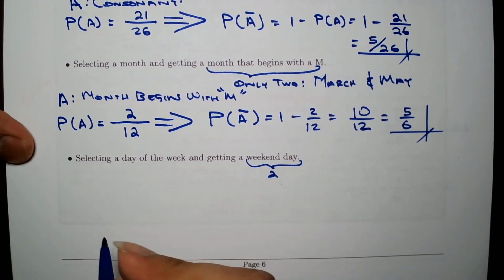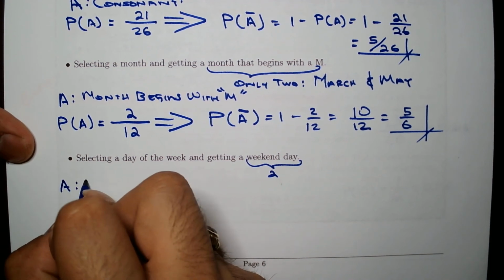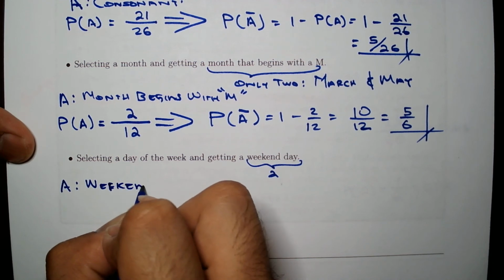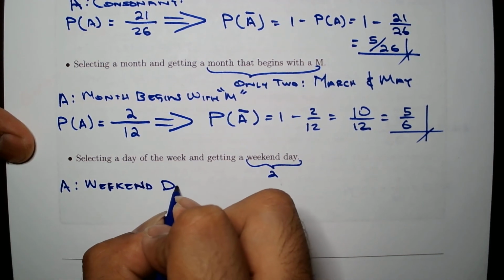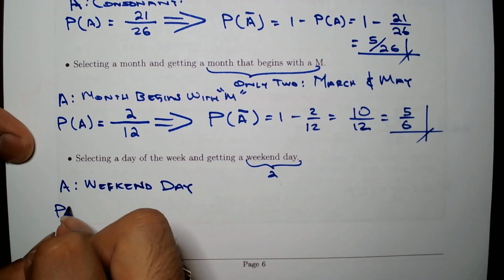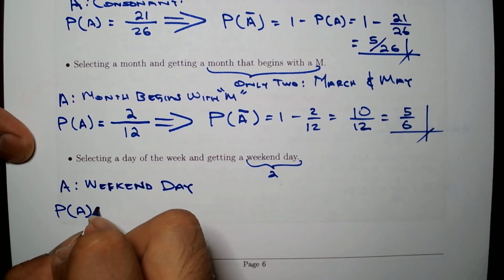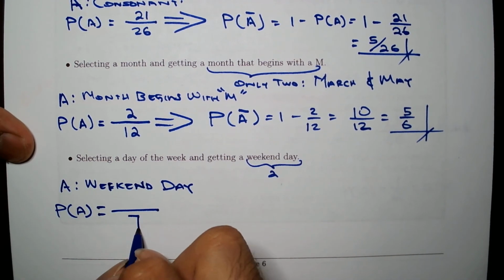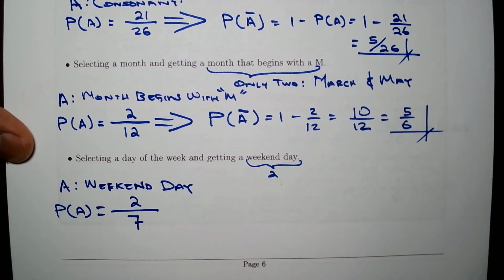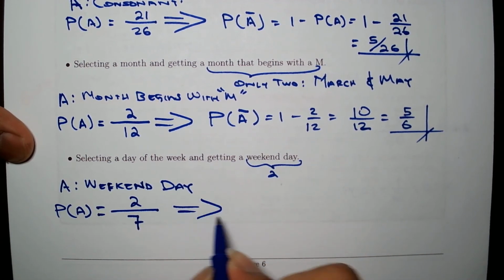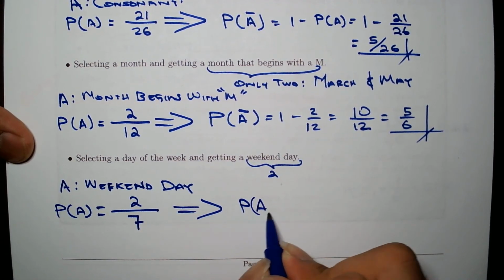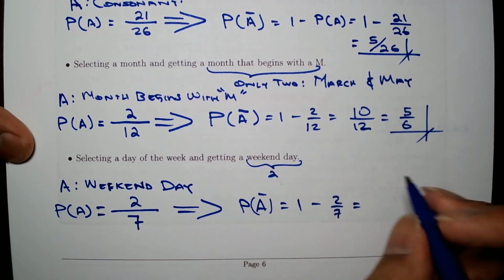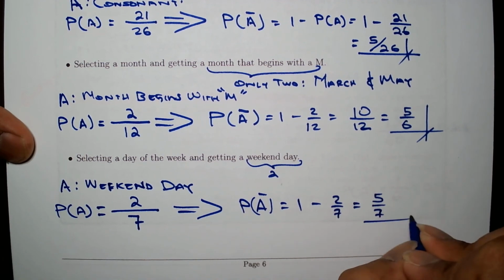So A is weekend. The probability of event A occurring is, out of the total number of outcomes, which is 7 days of the week, 2 of them are the weekend. The probability of the complement is 1 minus 2 out of 7, in this case, 5 out of 7.